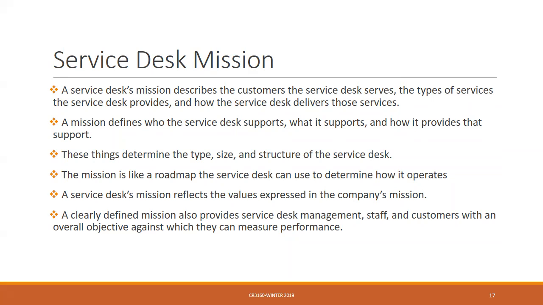What I want you to just get the idea of for the mission statement is what it is that we as an organization, the entire organization, the mission statement must cover the entire organization. Where are we going? What is it we want to achieve? What is it that makes us get out of bed in the morning?